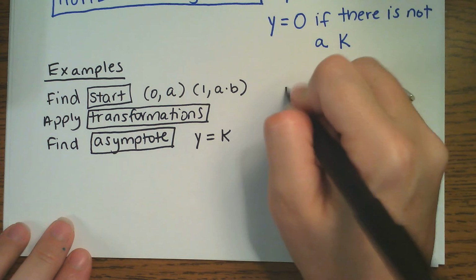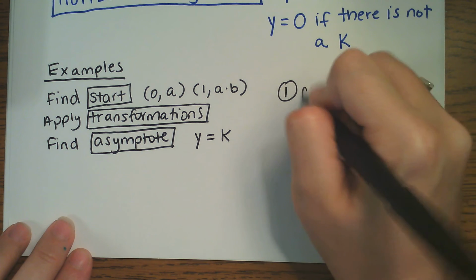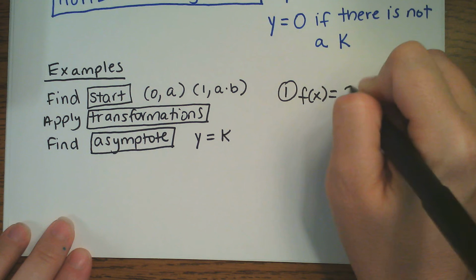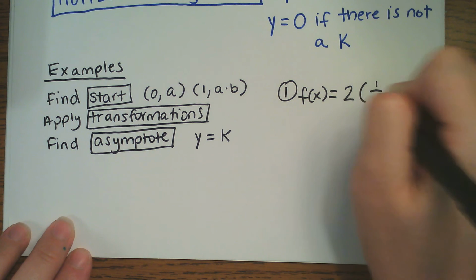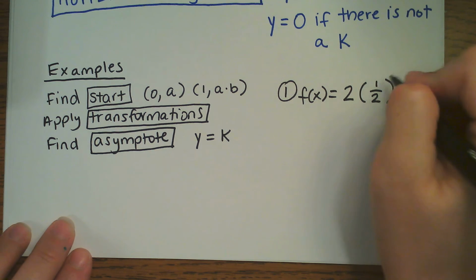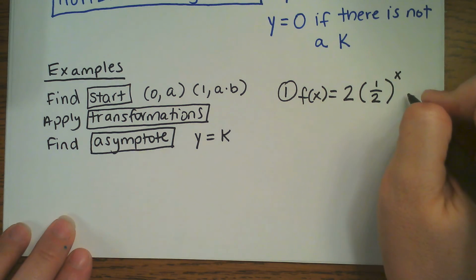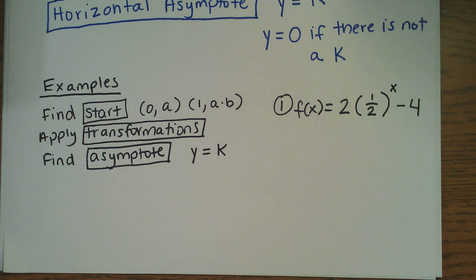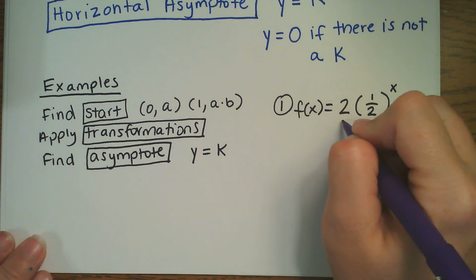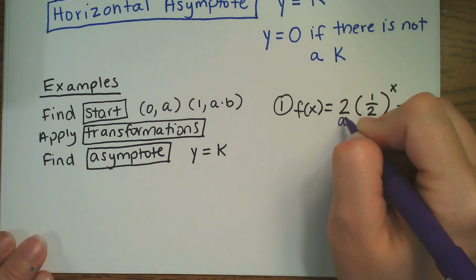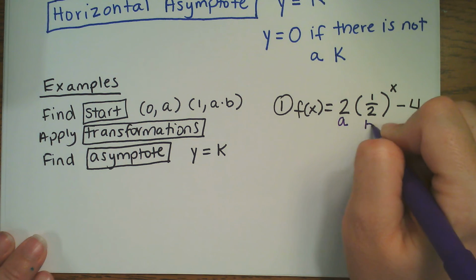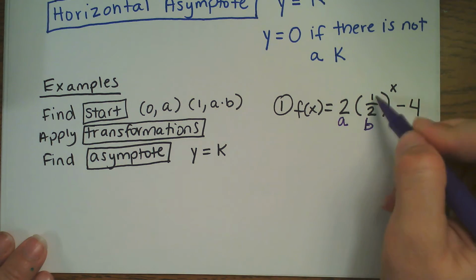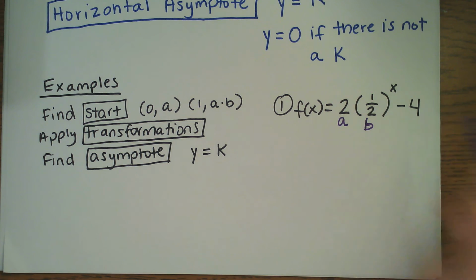All right. So here's the function f of x equals 2 times 1/2 to the x minus 4. So I'm going to first identify a as my first number. b is always the base, or the number with x as its exponent.